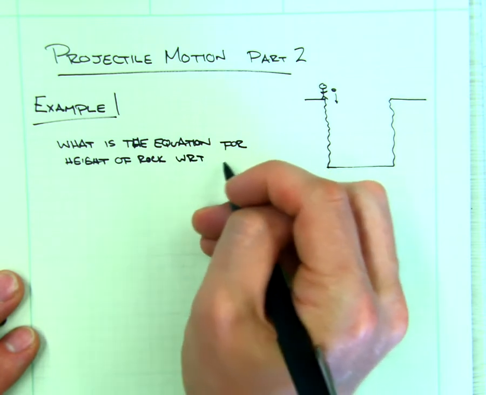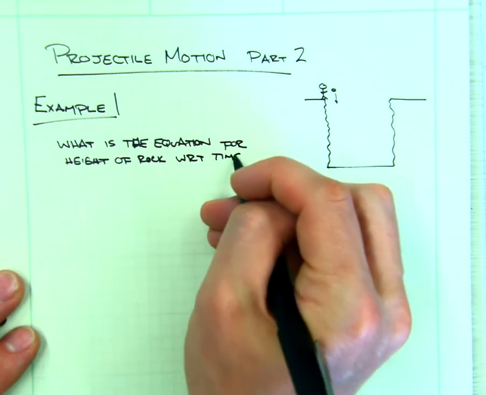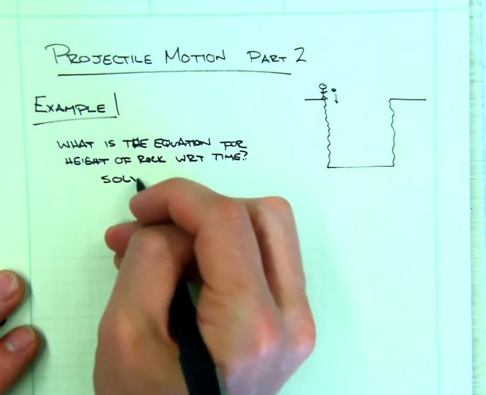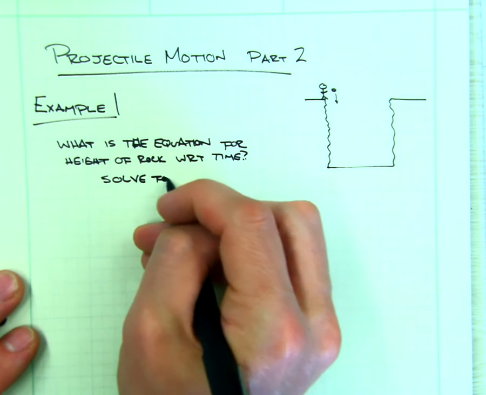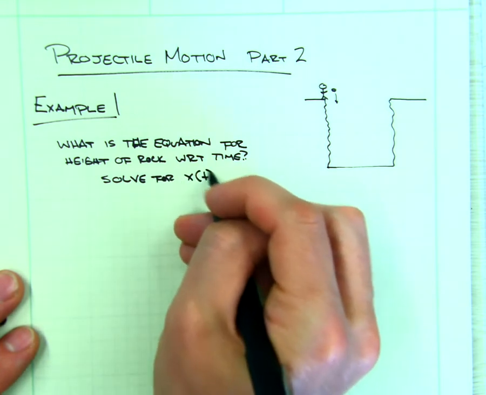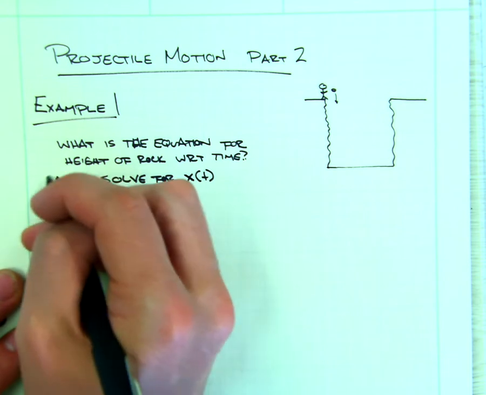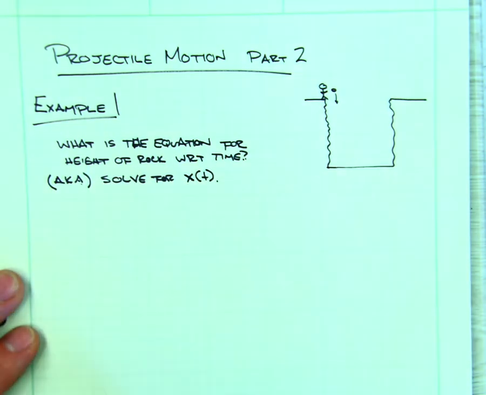WRT is with respect to time. So basically you're trying to solve for x of t. I'm going to put AKA, also known as, solve for x of t. Okay, so the only piece of information you're really given is the height of the Grand Canyon.